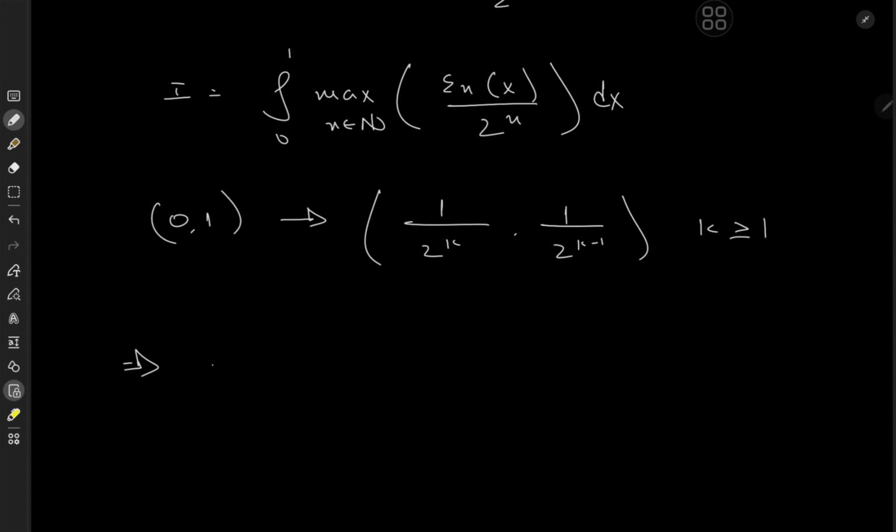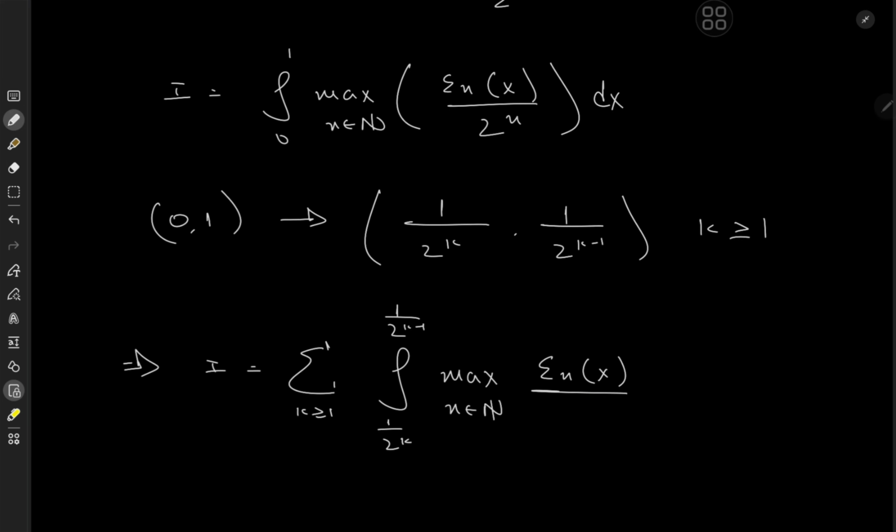So this implies that I is now the sum over k of the integrals from 1 over 2 to the k to 1 over 2 to the k minus 1, terribly sorry about that, of the max over the natural numbers n of epsilon sub n of x over 2 to the n dx.